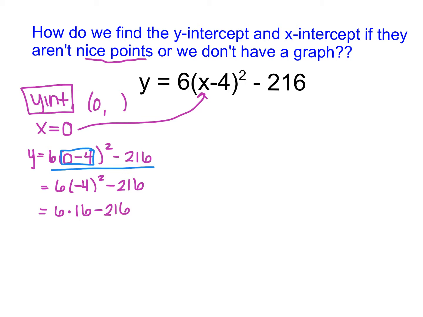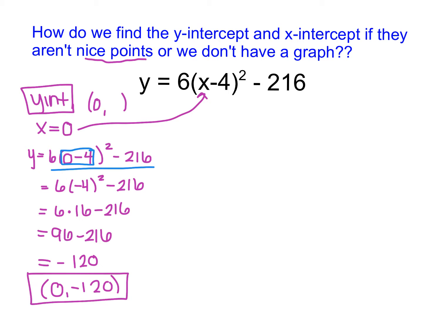Now I need to use my multiplication, so 6 times 16 is 96. And then finally, I end with subtraction, and that gives me a y-intercept of negative 120. So just from substituting 0 in place of x, I'm able to find that my y-intercept point occurs when x is 0 and y is negative 120.